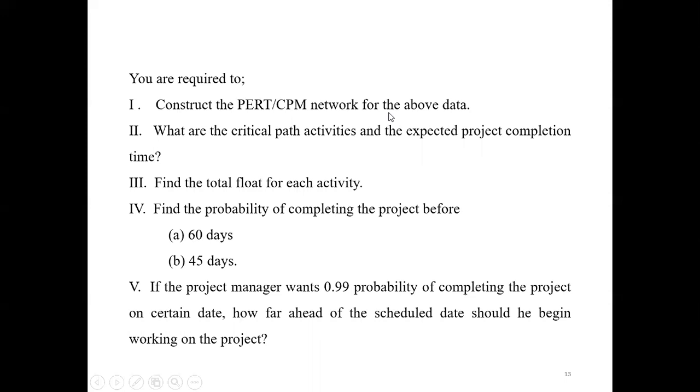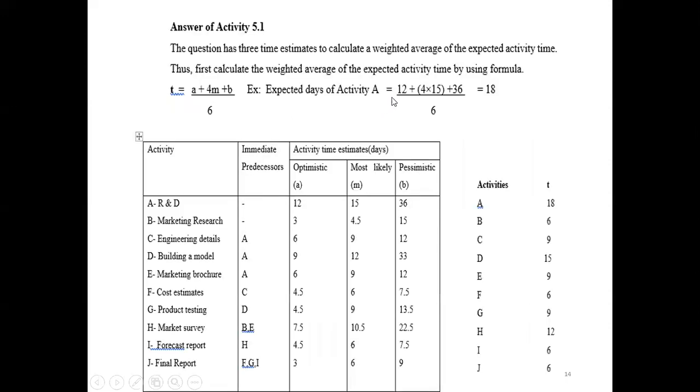They do not ask to calculate the average time estimate, but even though they are not asking, when we draw the network diagram we have to calculate the average time estimate using the given formula. We know the formula. This is the formula here.